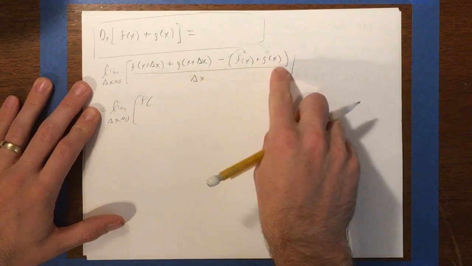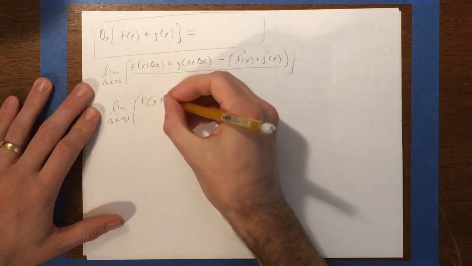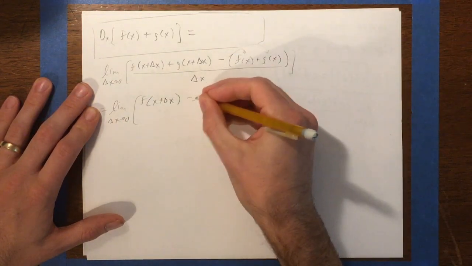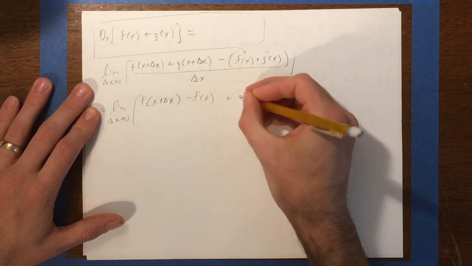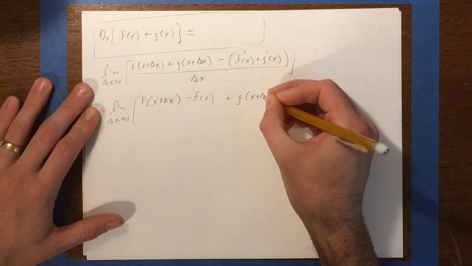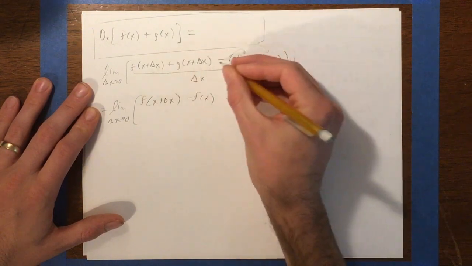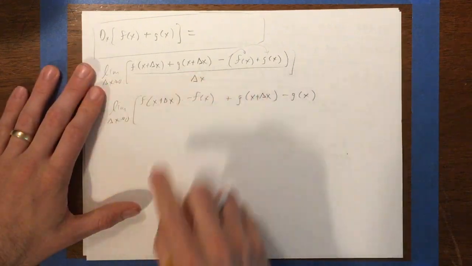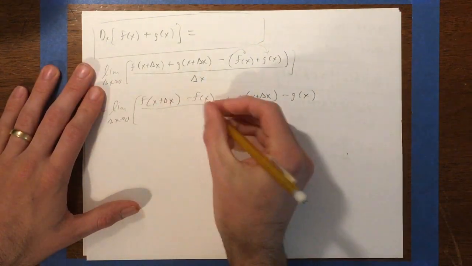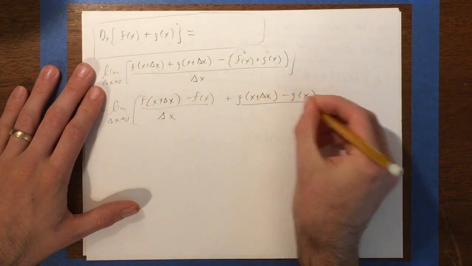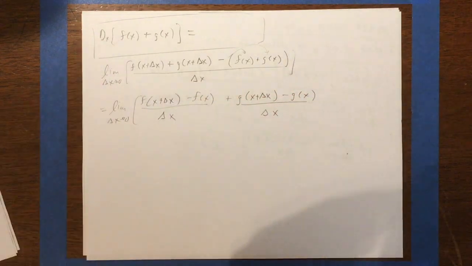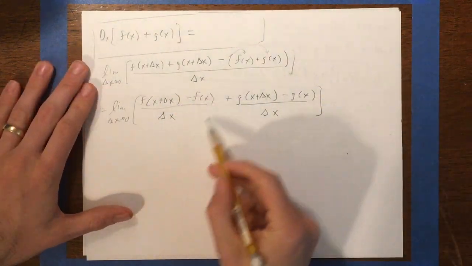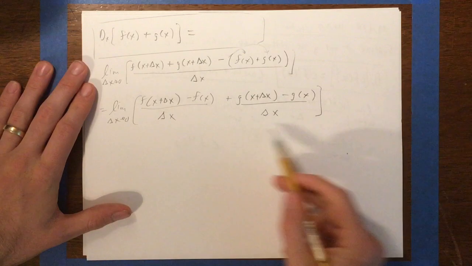So I'm going to be subtracting each of these, and then let's rearrange it so we've got this term, f of x plus delta x minus the f of x, and then plus the g of x plus delta x, this term, minus the g of x, like that. And this whole thing is still divided by delta x, but I can distribute that division in this very strategic, specific way, so that this here is the difference quotient for f, and this is the difference quotient for g.